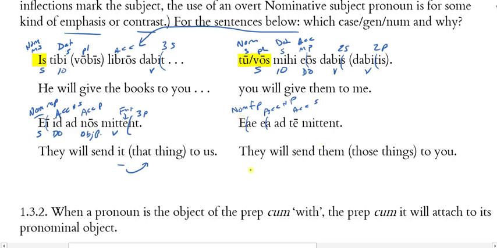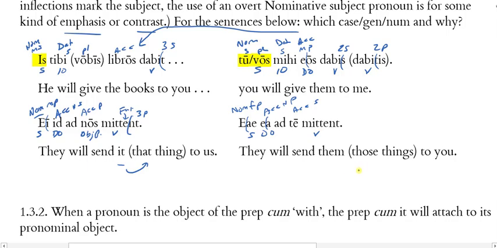Why is ei, they, nominative? Because it's the subject of the verb mittent, they will send. Why is it feminine plural? Well, because in this sentence, my antecedent or referent is a group of women. So they, women, will send. Ea, accusative, neuter plural. Why is it accusative? Direct object. Why is it neuter plural?